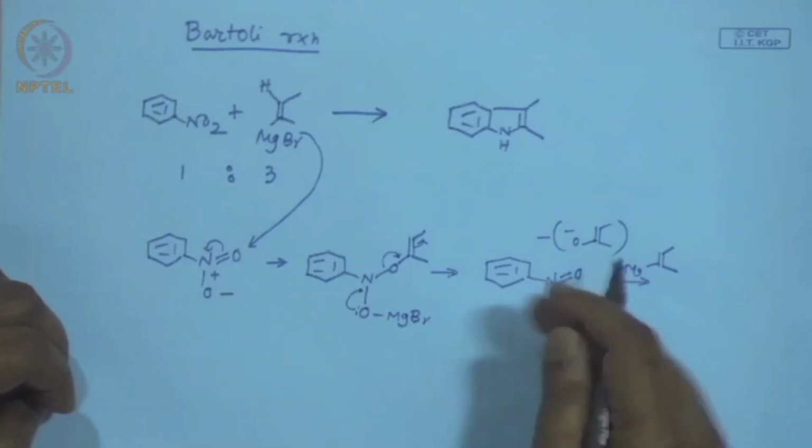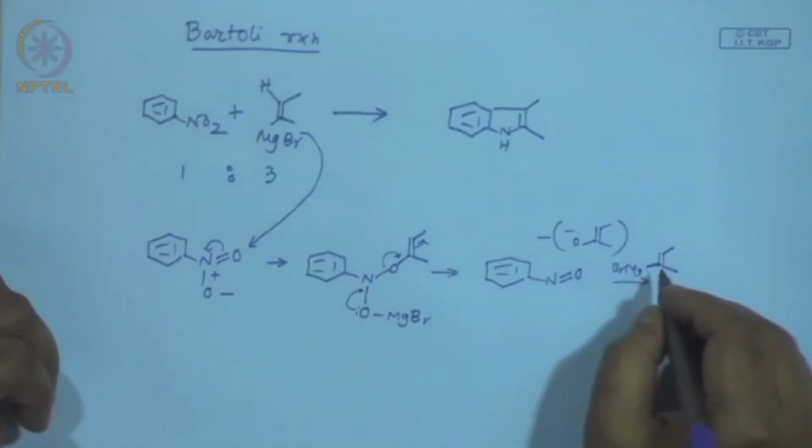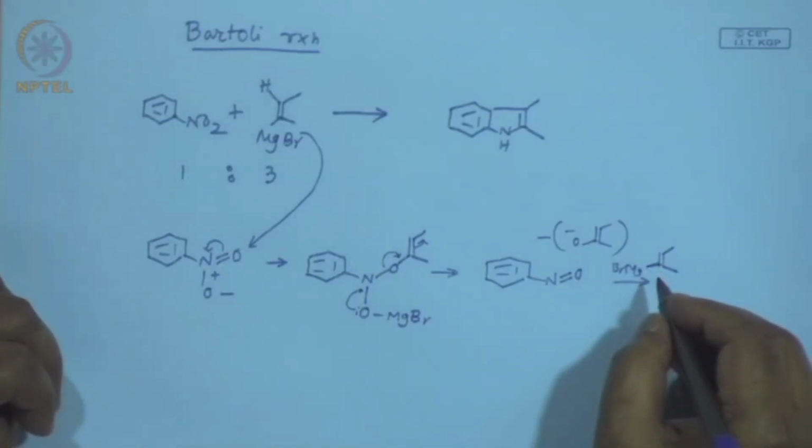Another reaction, developed very recently by Hayashi and Macmillan, both organic chemists specialized in organocatalysis, is the aldol reaction with nitrosobenzene, where you see oxygen getting linked to the carbon, not the nitrogen.